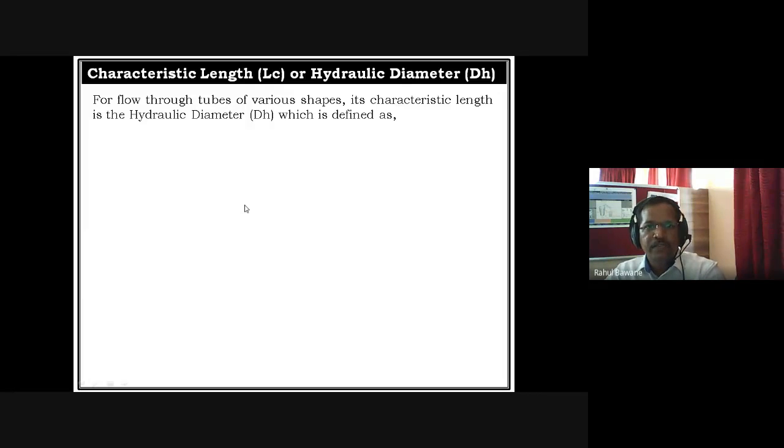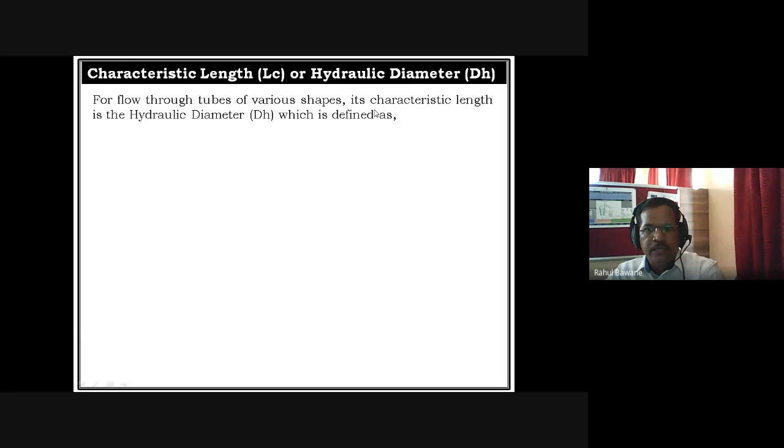So whenever we talk about internal forced flow, characteristic length does not exist for that internal flow. That characteristic length is called the hydraulic diameter, that is D_H.